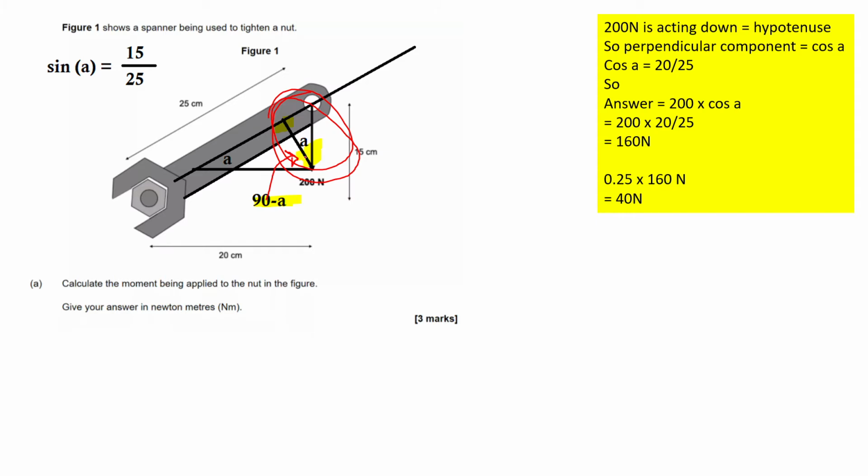So that's 90 minus A, because the whole thing here is 90. If that is 90 minus A, and that's 90, then this angle must be A. So this is angle A, and this is angle A. So they are the same angle.